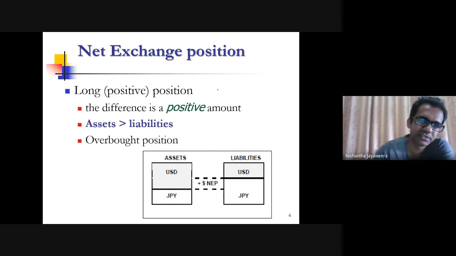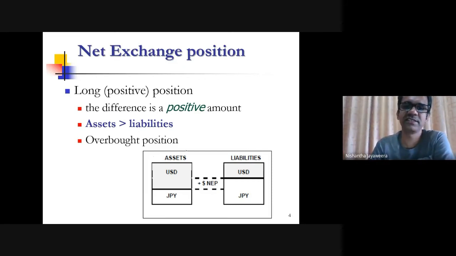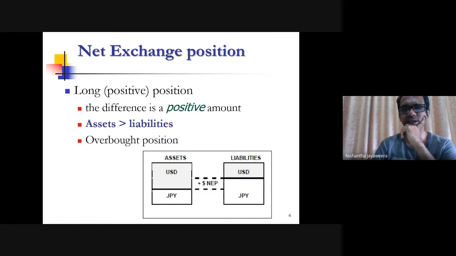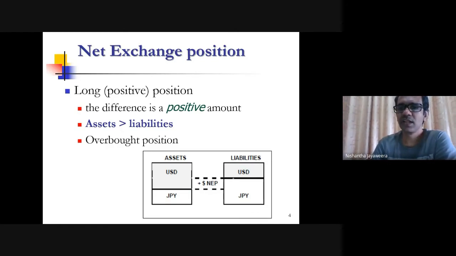So if we take that dollar yen example, dollar and yen as two currencies, this is the balance sheet composition given. On the asset side, there are more dollar assets and a small portion of yen. But on the liability side, there are fewer liabilities in dollars and more liabilities in yen.